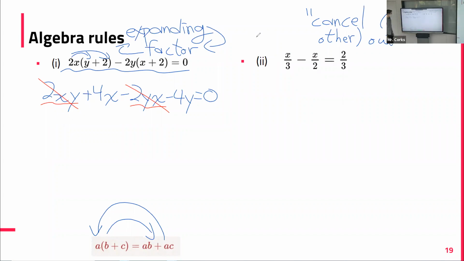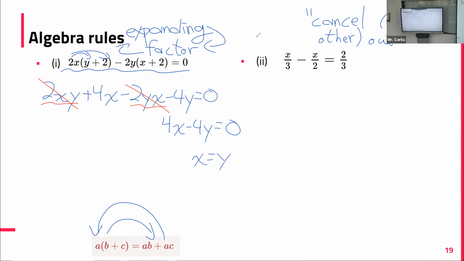So the 2xy terms just cancel each other out. They're gone. So we have 4x minus 4y. And then this is pretty simple. We just simplify and we get x is equal to y.